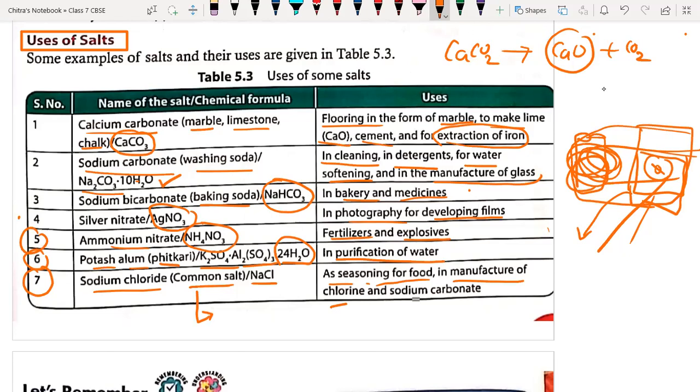For preparation of sodium carbonate and chlorine gas, we are using sodium chloride. And for providing salty flavor in food, we are using sodium chloride. So these are the uses of salt. I want everyone to take a screenshot of that first.